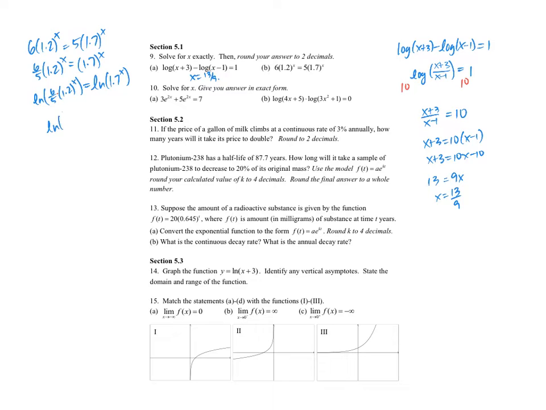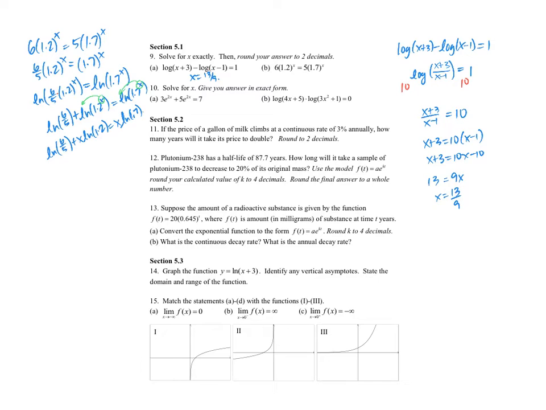So I get natural log of 6/5 plus natural log of 1.2 to the x equals natural log of 1.7 to the x. And now I can bring those powers down. And so I get natural log of 6/5 plus x natural log of 1.2 equals x natural log of 1.7.